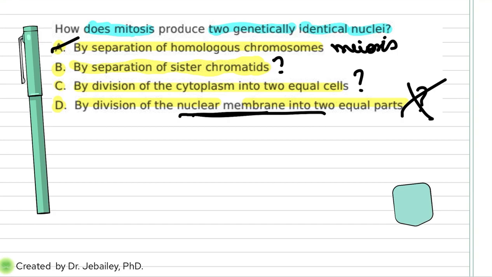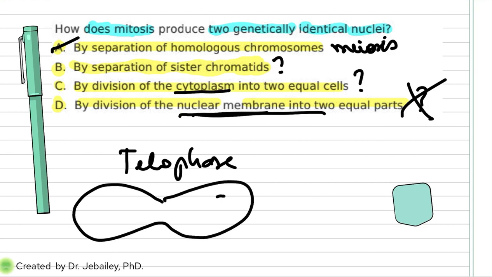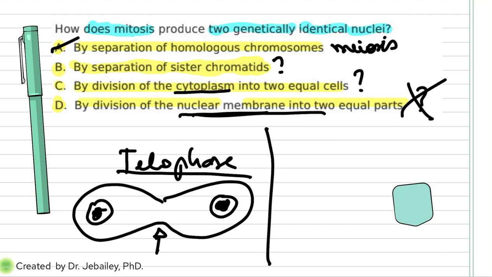Let's debug the next one, C. C says a division of cytoplasm into two cells. If you remember telophase, it looks like this shape, the nuclear envelopes reappear, and the DNA becomes uncondensed and no longer visible. Telophase ends here. That means mitosis ends here. Did you actually split the cell? No. What's the next stage after mitosis?